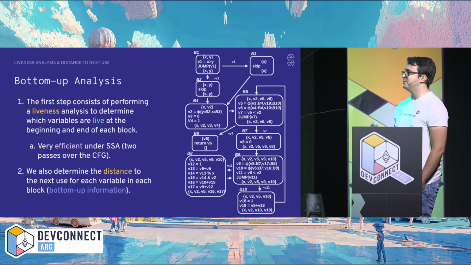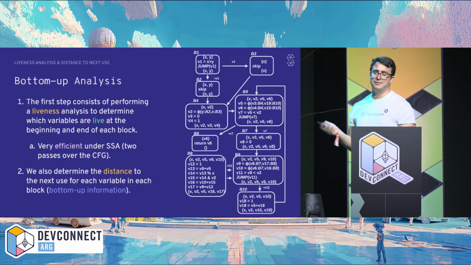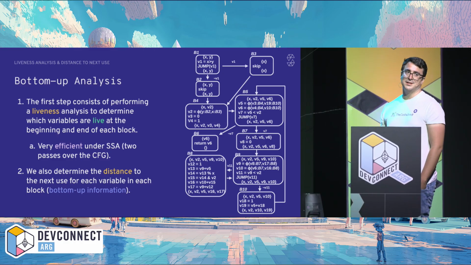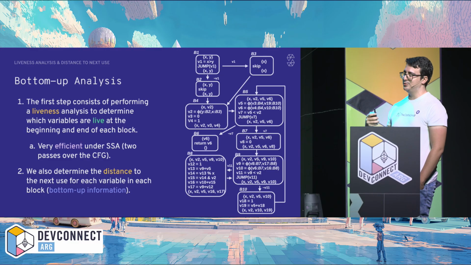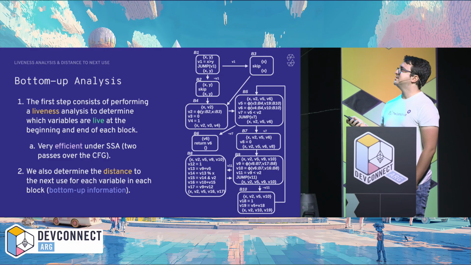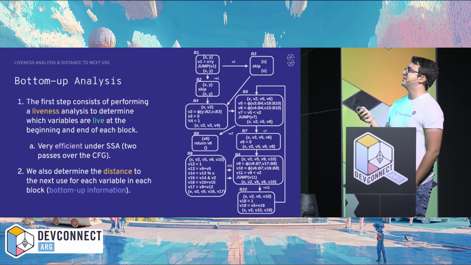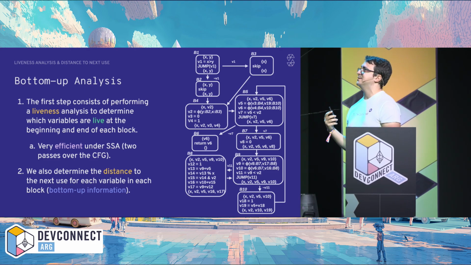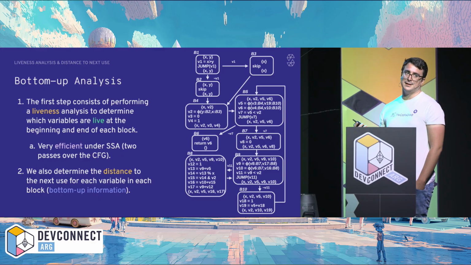We also compute other information that is going to be helpful, but again, this is more of a technical part. What is important is that the liveness analysis is going to give us the way to decide how to propagate information using the stacks. So for instance, in block 1, the liveness analysis says that X and Y are live at the beginning and at the end, and this means that my stack has to contain both X and Y.